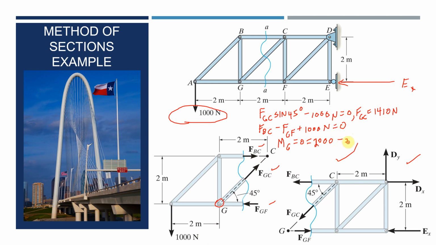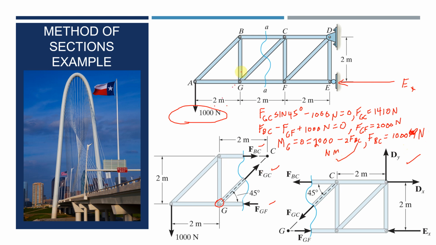Minus 2 FBC would equal 0. FBC then is 1,000. Which would mean FGF has to be 2,000 newtons, excuse me. Ooh, this is a lousy unit. Newtons. And the units here would be newton meters.